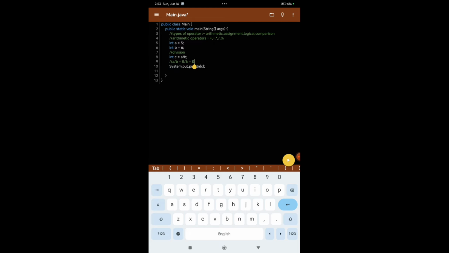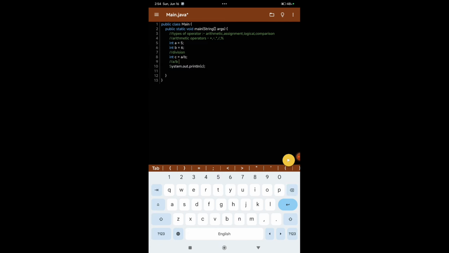Because 5 is a small number and 6 is a large number. We are dividing a by b, meaning 5 by 6. We are dividing a small number by a large number, so it can't be divided and it will print 0.